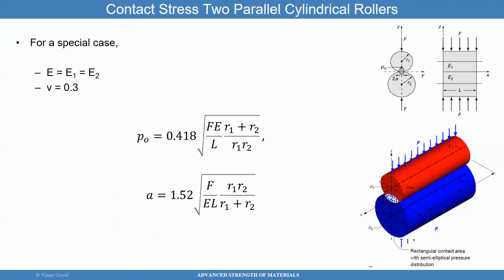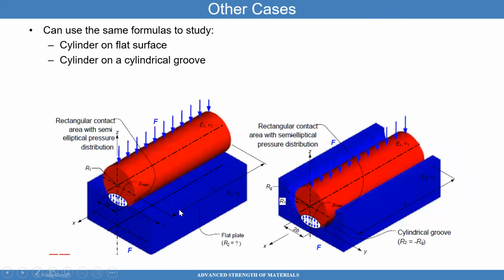Now we can look at special cases where the modulus of the two materials are the same. With the Poisson ratio 0.3, for that special case, you get the max pressure equal to this, and the contact width, half the width, because the full width is 2a, is provided here.